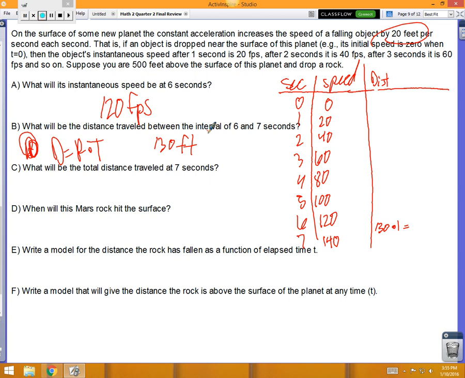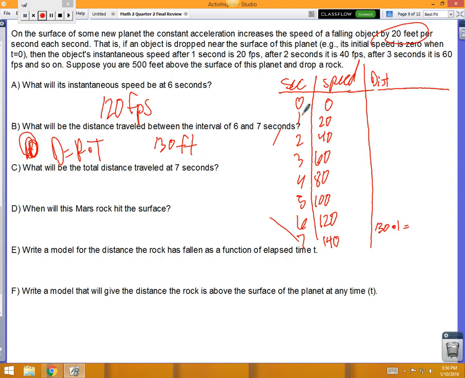Okay, now what if we compare it to 0? What's the total distance traveled from the time you let it go till the end of that 7th second? So the total distance, I gotta go from 0 all the way to 7.